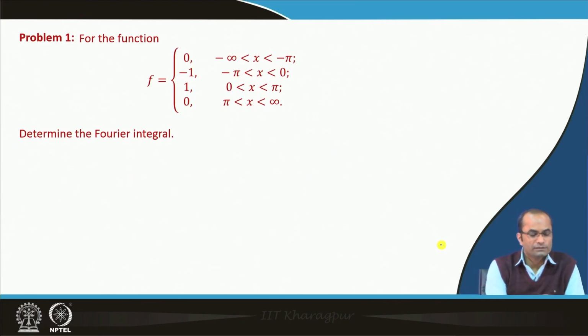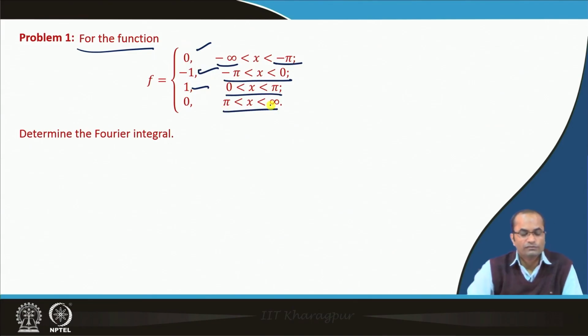Well, we consider this problem now, where the function is defined as 0 in the range minus infinity to minus pi, then minus 1 from minus pi to 0, 1 from 0 to pi, and then 0 from pi to infinity.